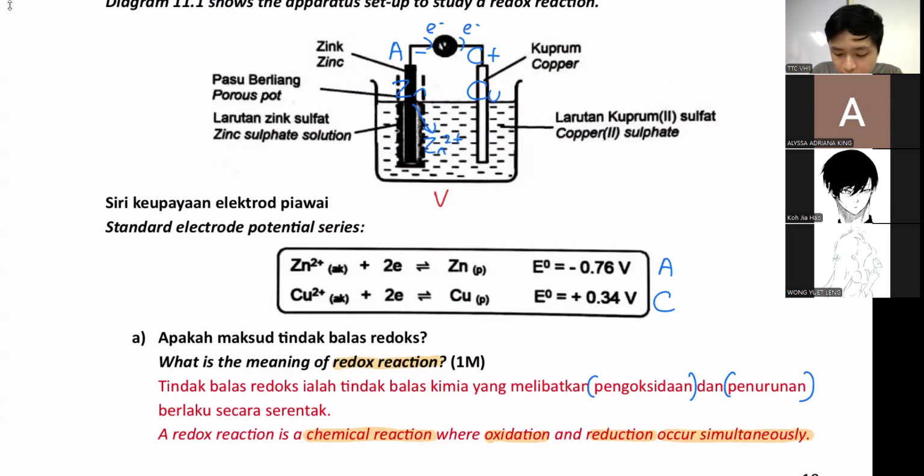At the same time, copper 2 ion, terbalik, because the anode will become thinner. The electrode will dissolve into the solution and become thinner. Meanwhile, at the cathode, the electrode becomes thicker, because the anode undergoes oxidation.